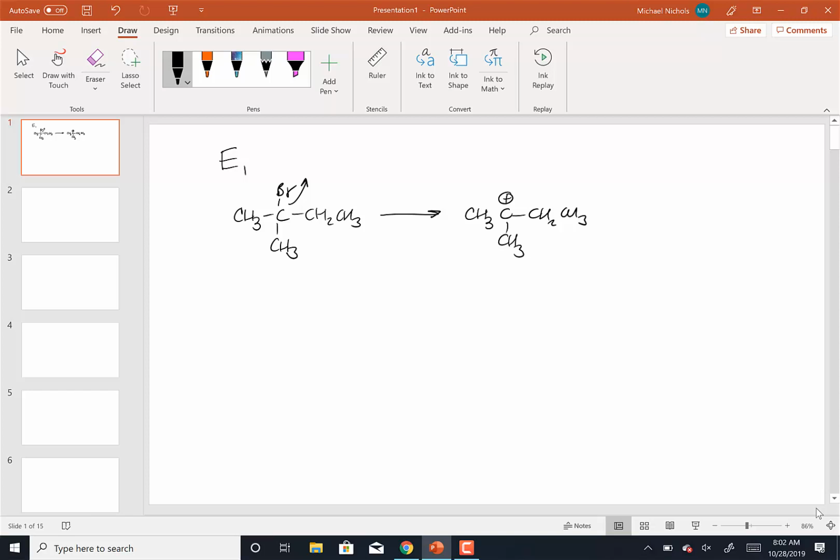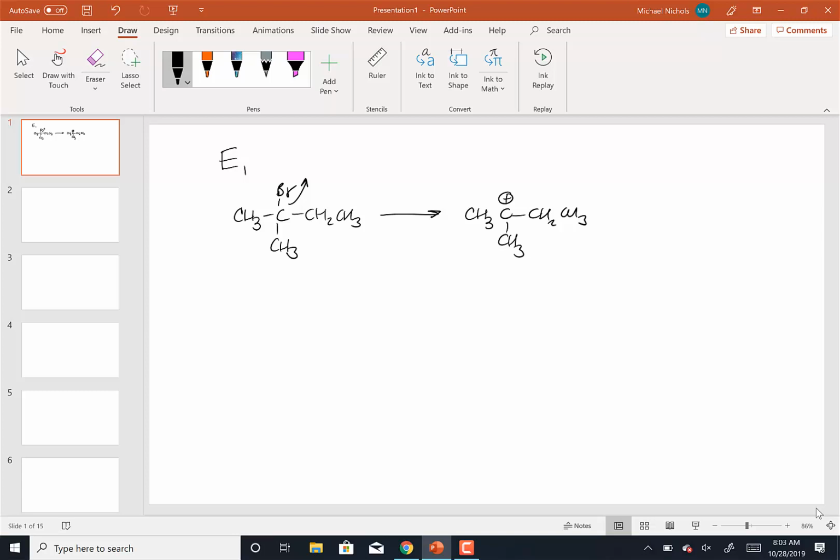Now, where SN1 and E1 are different is, let's say that I don't have a nucleophile present that can add to that carbocation. There isn't a nucleophile there, and so therefore it can't be SN1.